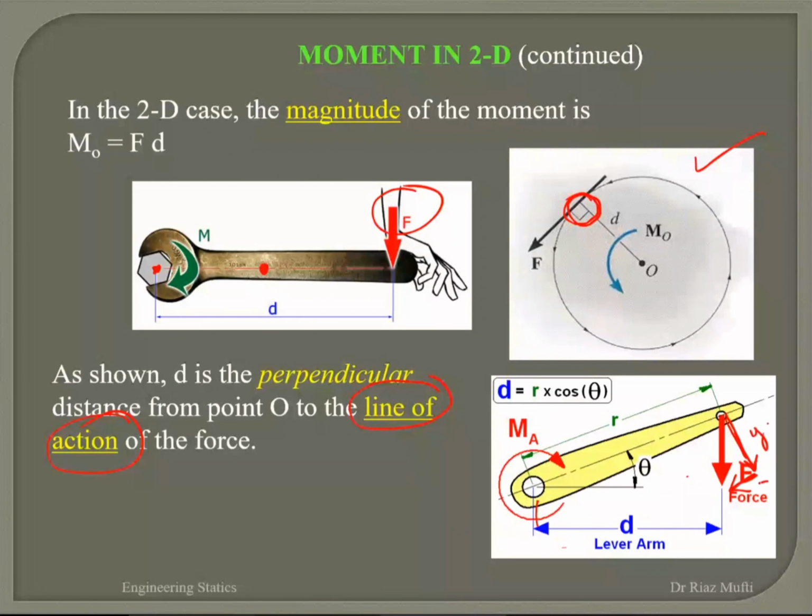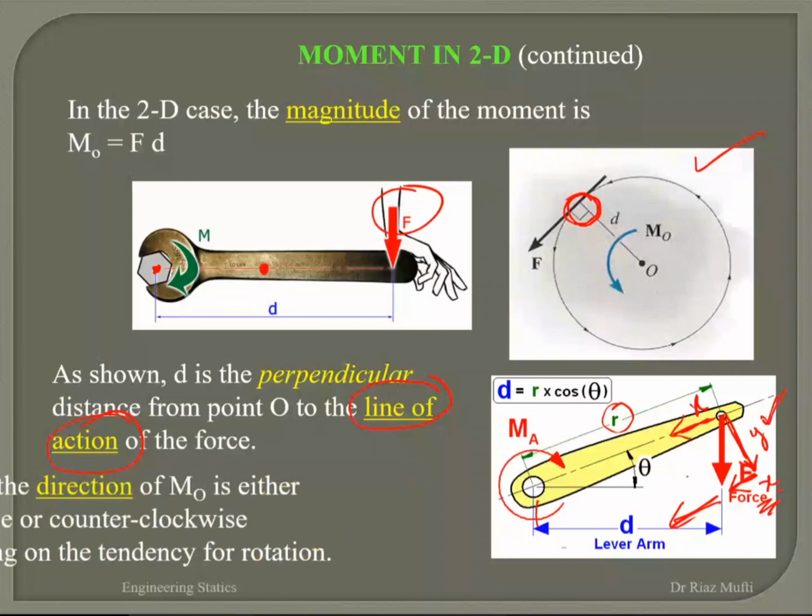Now the y component multiplied by the r distance will give me the same result. The x component is applied here. There's no perpendicular distance for the x component. So the x component does not create any moment at A. Only the y component creates a moment.